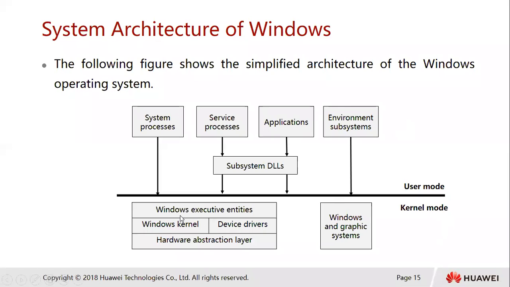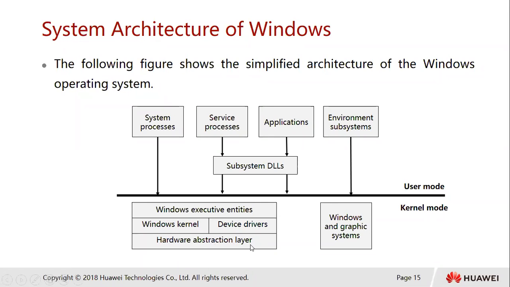This is where we have Windows executive entities, such as the memory manager, process manager, and others. Windows kernel, which is the main part of the operating system, device drivers, and then we also have the hardware abstraction layer.